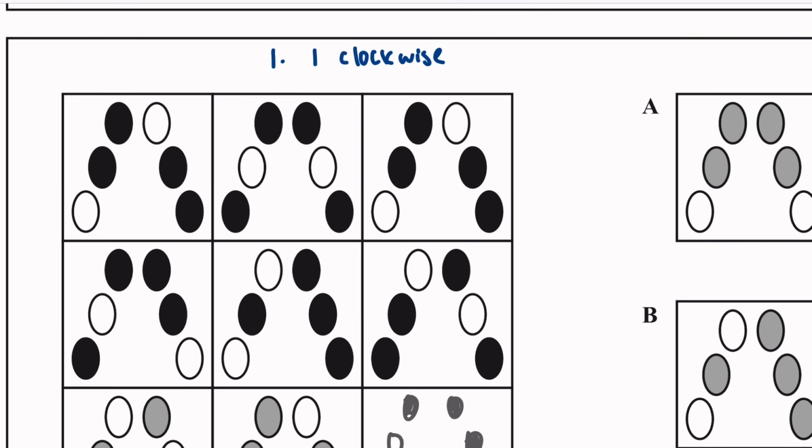Is anything else happening for these two boxes? Not really. It's just each one moving one clockwise. You can tell this one moving one clockwise will end up here, which is what happens in the second box. And this square moves one clockwise, so it should end up here, which is what happens over here. So we can confirm that, and we can also check this one, and it works the same way.